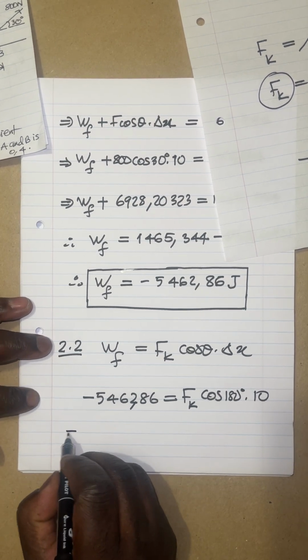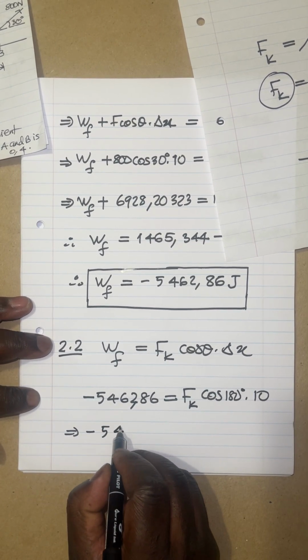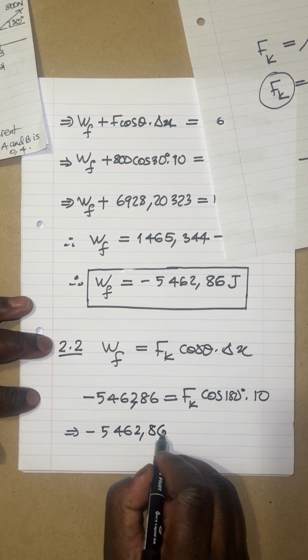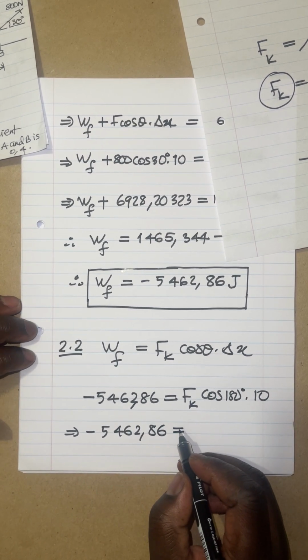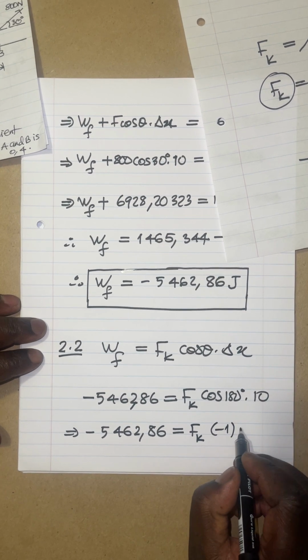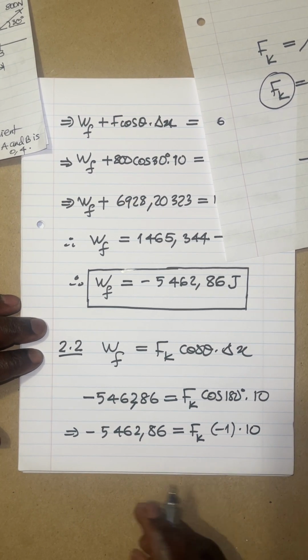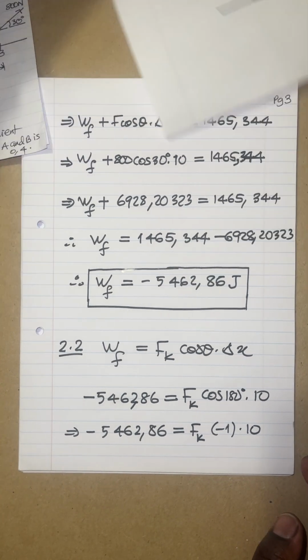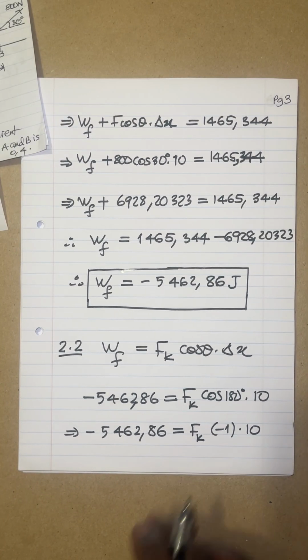And so simplifying this, we have minus 546,286 is equal to Fk, which we don't know and we want, times minus 1 and times 10. And this will be minus 10. So I have to divide by minus 10 on both sides to make Fk the subject of the formula.